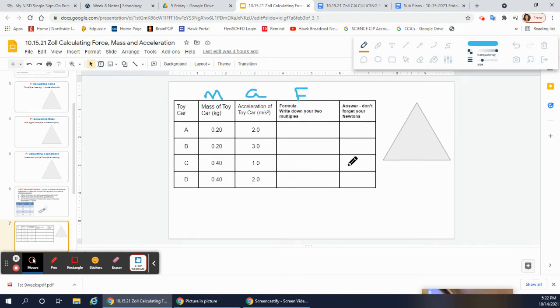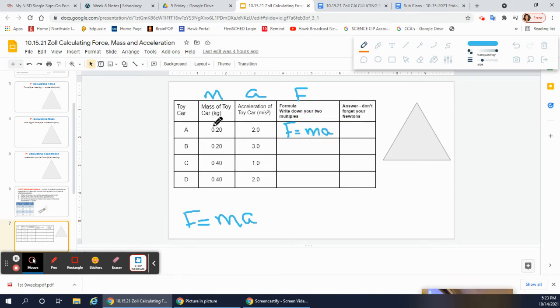So this would be just Newton's second law of motion, which just states net force equals mass times acceleration. So I'm going to go ahead and write that formula right here. Net force equals mass times acceleration.